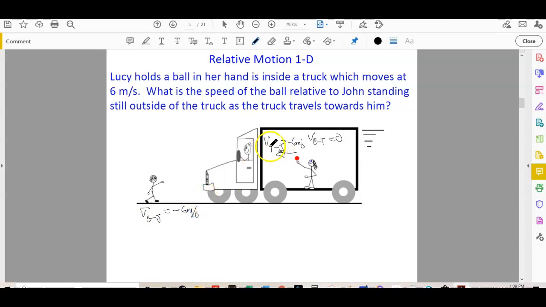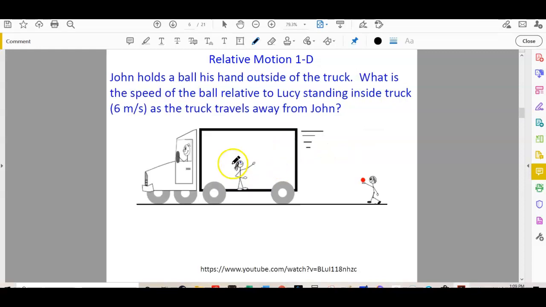The velocity of the truck relative to John is 6 meters per second, but the ball is not moving in that reference frame. So overall John is just going to see the ball moving at negative 6 meters per second, even though it's not moving in the truck, but the truck is moving to the left.